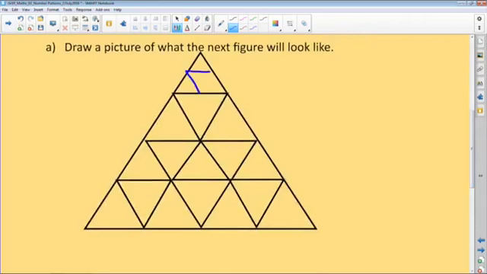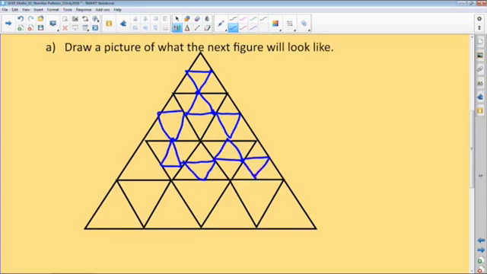In other words, I'm drawing in all of the new triangles for figure 4. And we weren't asked to draw in figure 4, we were actually asked to draw in figure 5. But I know the information from this drawing will help us with answering the next one. Okay.